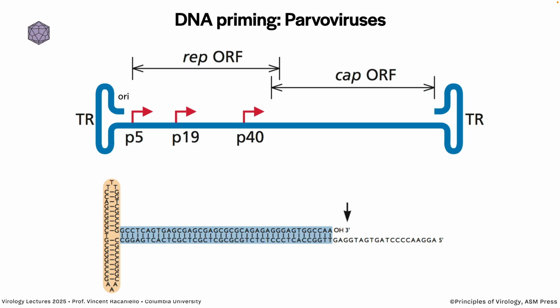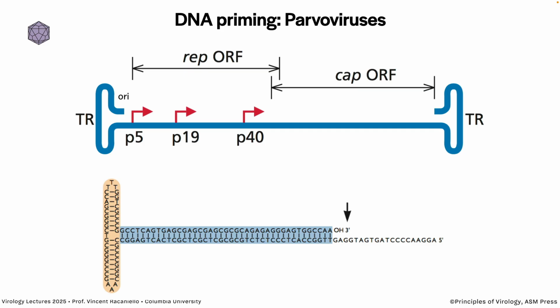It encodes proteins involved in DNA synthesis and capsid proteins. But the sequence of this terminal repeat is shown here, so you can see it forms base pairs. So this sequence base pairs, and it forms this base paired structure at the end, ending in this 3' hydroxyl.